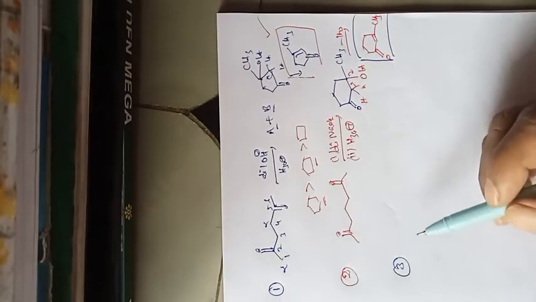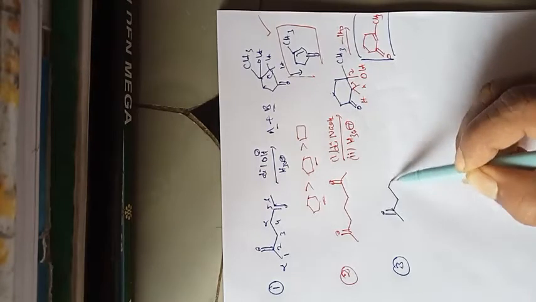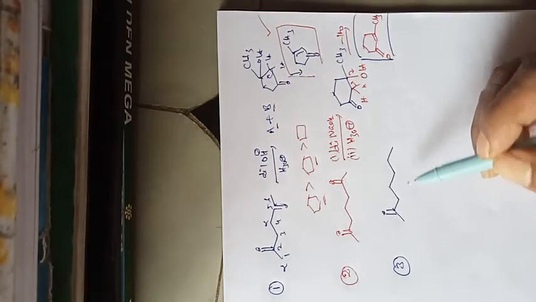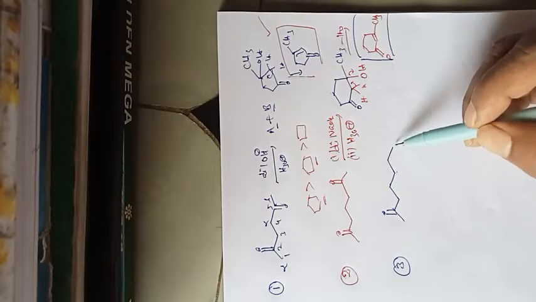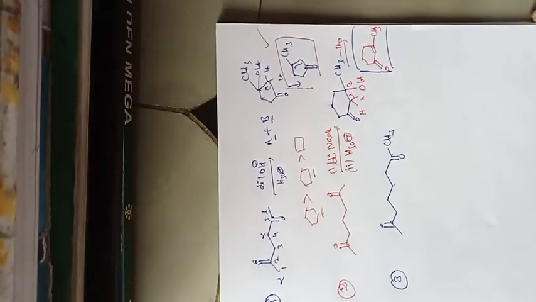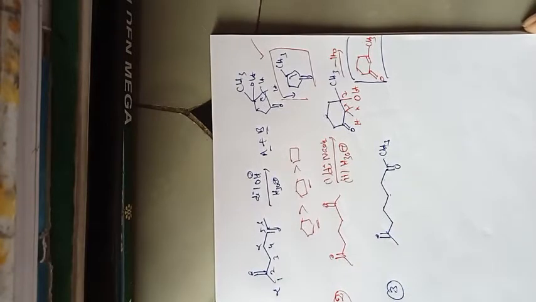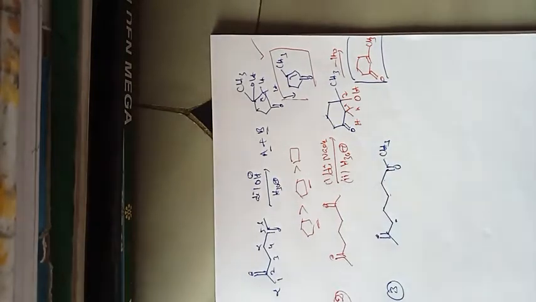Now the third question. Numbering 1 2 3 4, C double bond O CH3. In this case there is a possibility of both a 5-membered ring and a 7-membered ring. So it is a very good example.